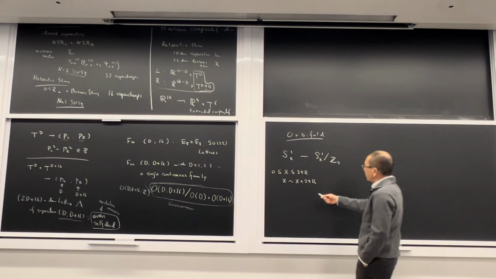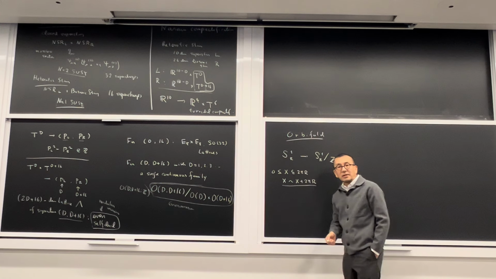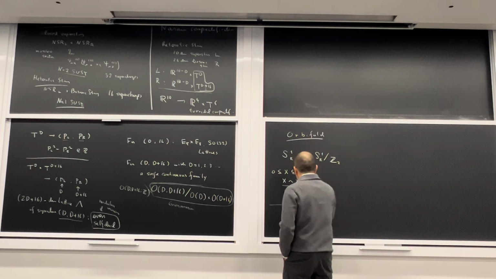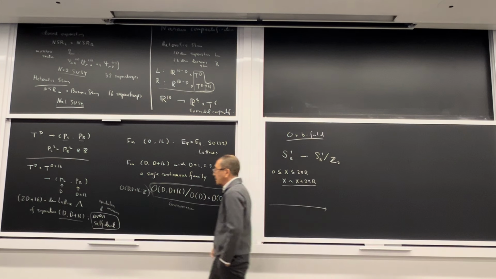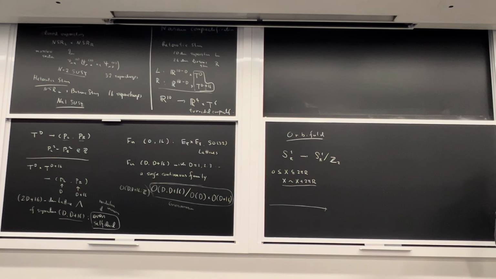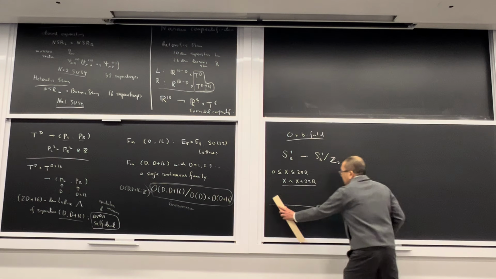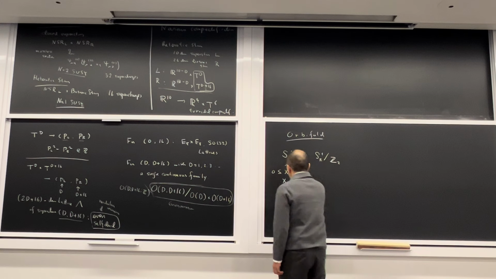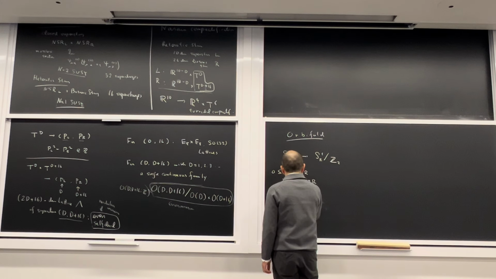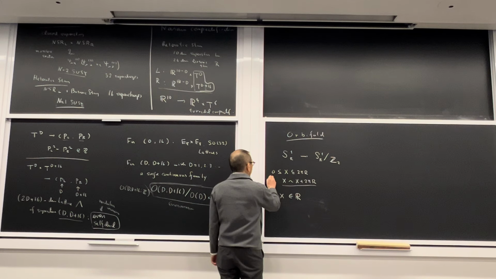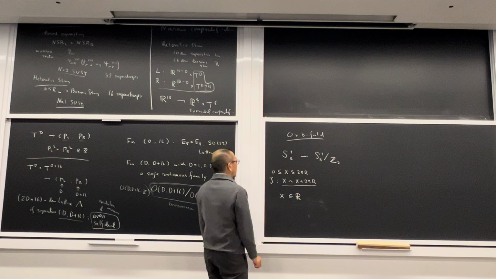So you periodically identify x. But you can think of this also as some kind of gauge symmetry. What you do is you consider x to be originally on the real axis, taking values in R, but then you consider this transformation, which I may call T for translation.